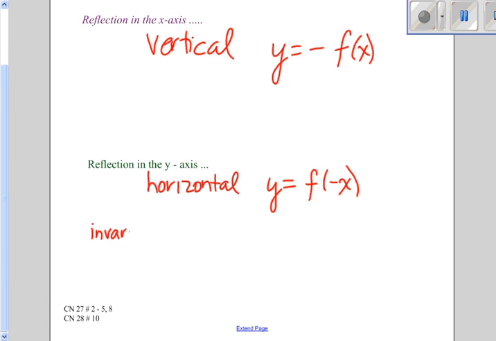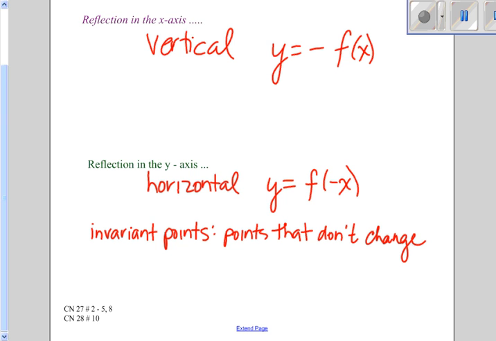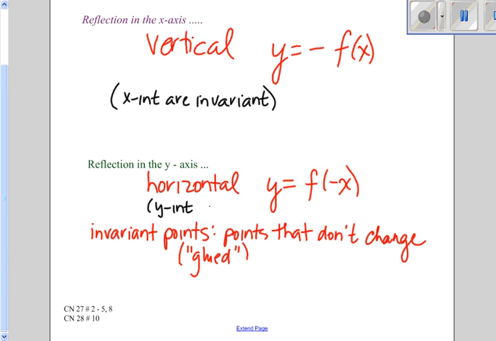Invariant points came up today. Points that don't change or are glued. When you're reflecting across the x-axis, the x-intercepts will be invariant. They're the places that are glued and it's reflected around them. For the reflection in the y-axis, y-intercepts are invariant.